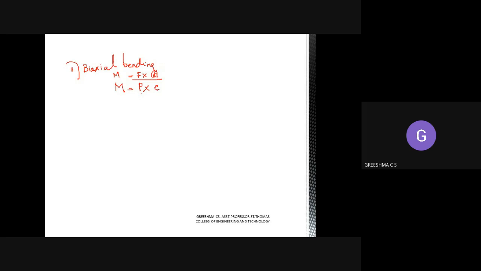For that, first of all, you have to find out the eccentricity of the load. Moment is equal to P into eccentricity. Moment is basically force into distance. If you convert this into our terms, here the force is the axial load and the distance will be eccentricity.